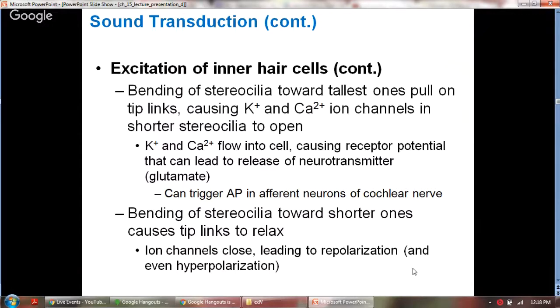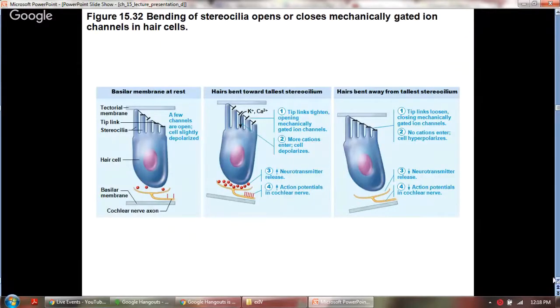Once these ion channels open, potassium and calcium flow into the cell, causing a receptor potential that can lead to release of the neurotransmitter glutamate, and that will trigger an action potential in the afferent neurons of the cochlear nerve. Bending of stereocilia toward shorter ones causes tip links to relax, and then the ion channels close, leading to repolarization, and sometimes hyperpolarization as well.